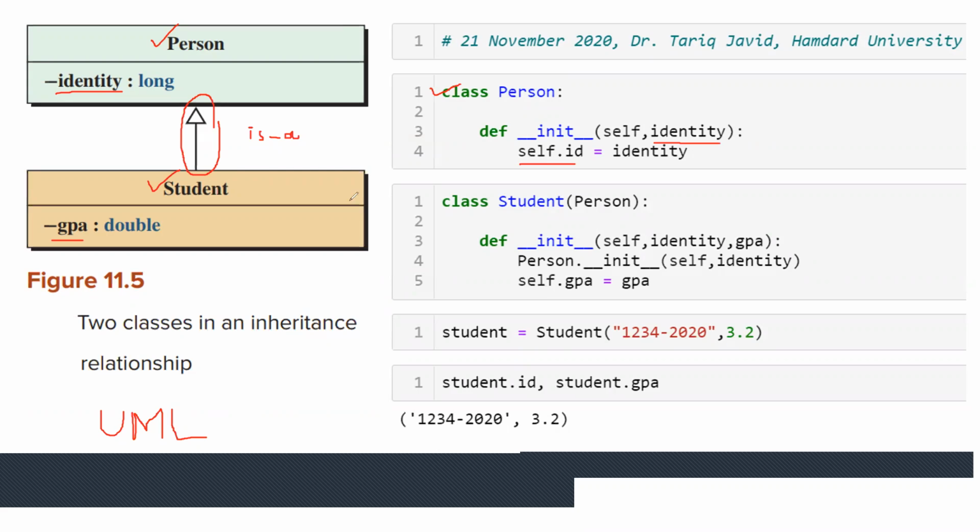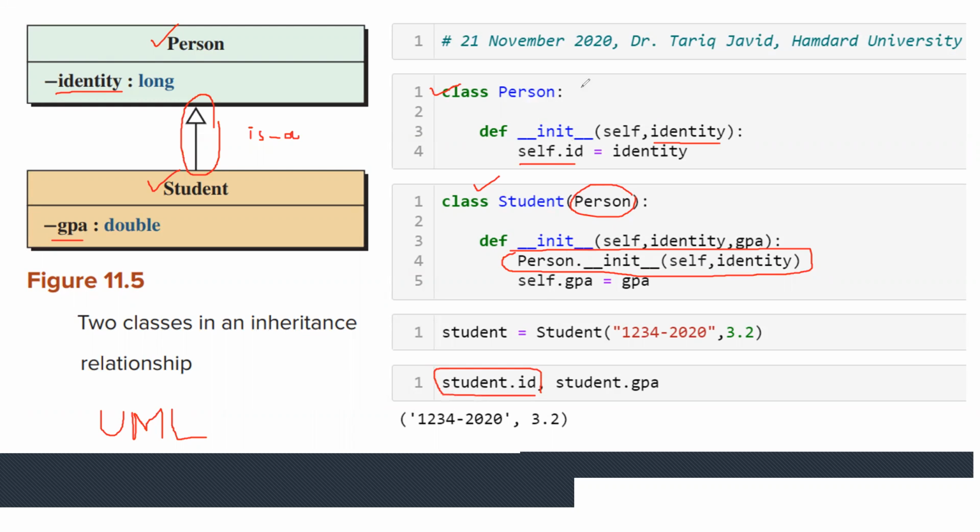Then we define the student class, the link, and the instantiation, so that whenever this class is called, an identity and GPA are required, and the identity goes to the person class, and then we can access this identity through student.id.